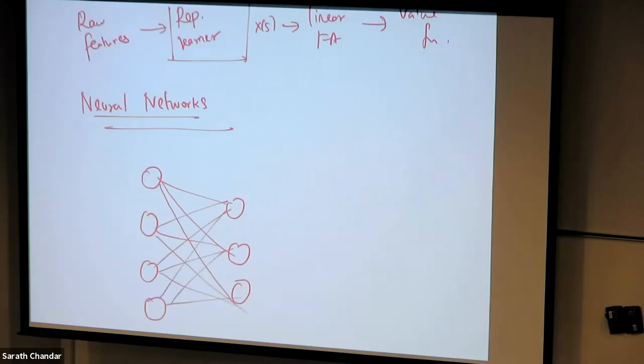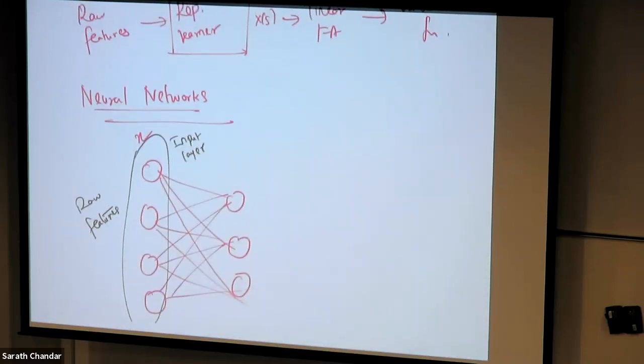Now imagine your input is x, right? So you have an input x, which is a bunch of features. We're going to call these raw features, and we're going to call this the input layer. Now from this input layer, there are some connections.